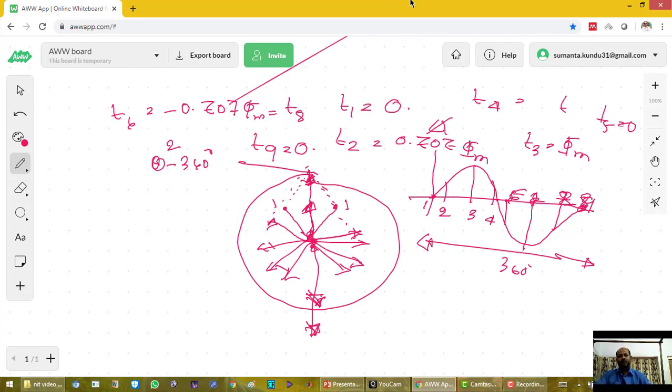So this is the analytical description that a pulsating field can be considered as two revolving fields which rotate in opposite directions with respect to each other at synchronous speed, right?